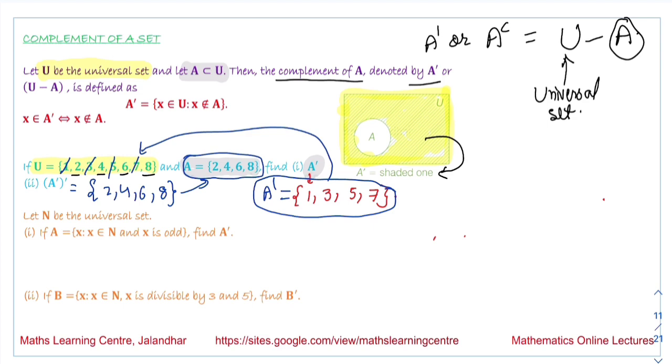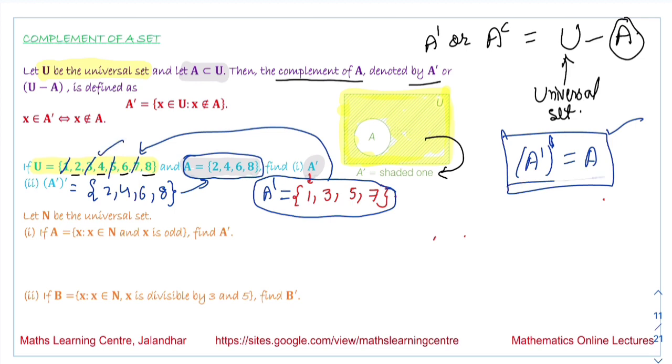We are not proving it over here, I'm just telling you. We will prove in our next slides that we have a theorem that A double dash is equal to A. From this example it is clear that this result holds, and this result is also true in general. We will give the detailed proof of this in our next slides.